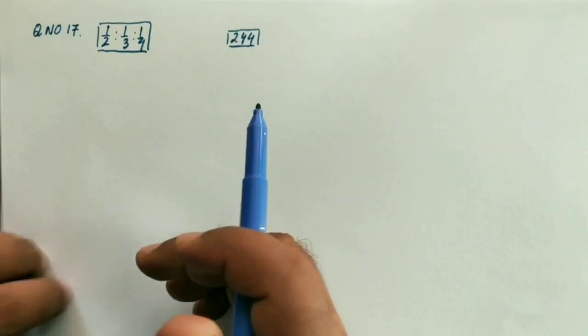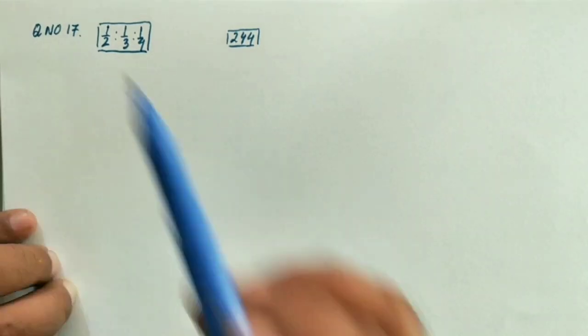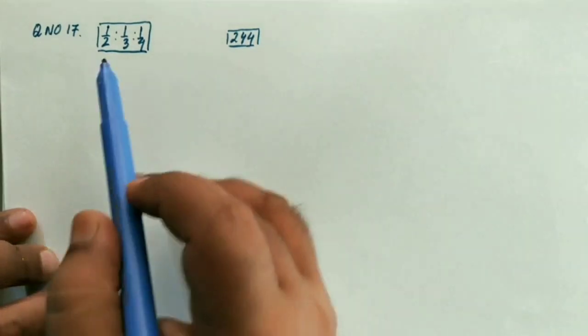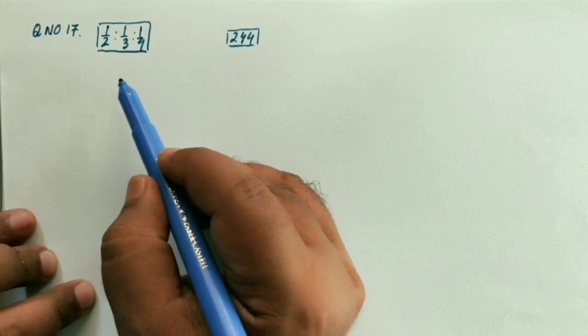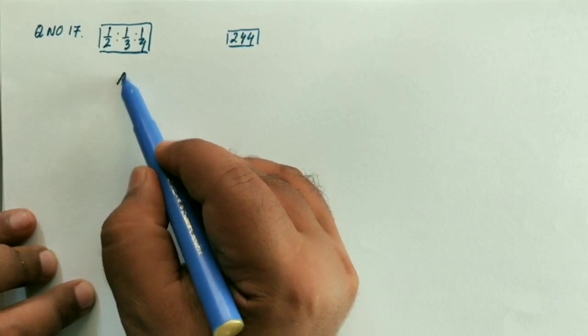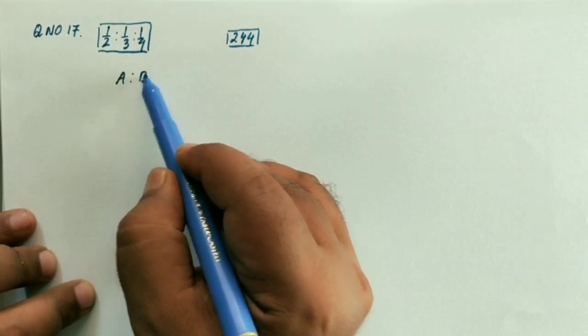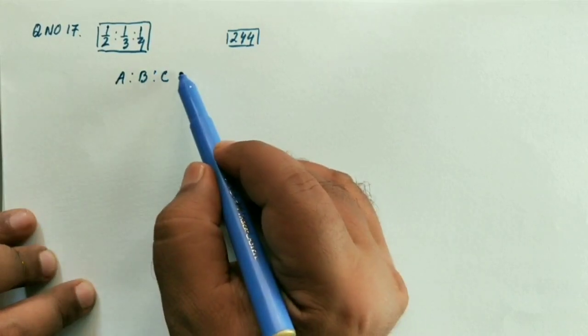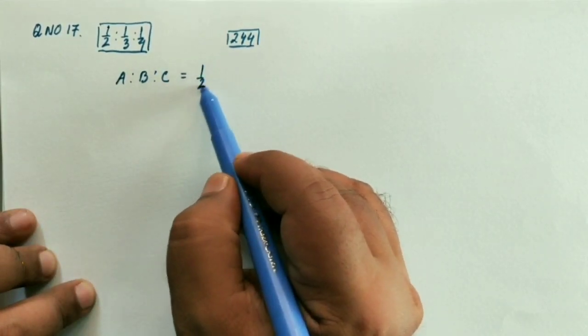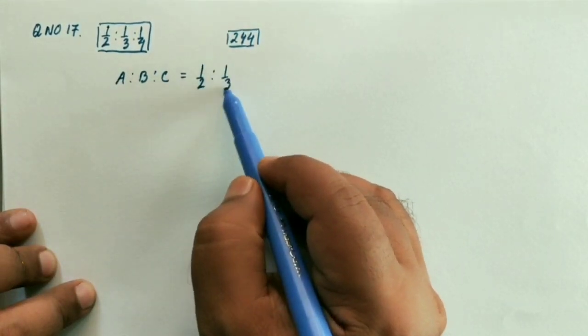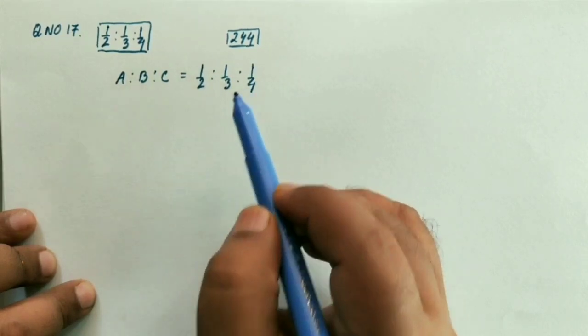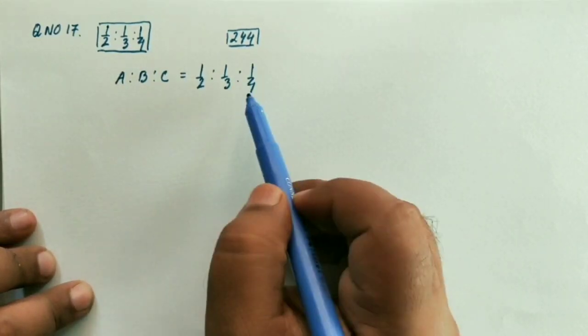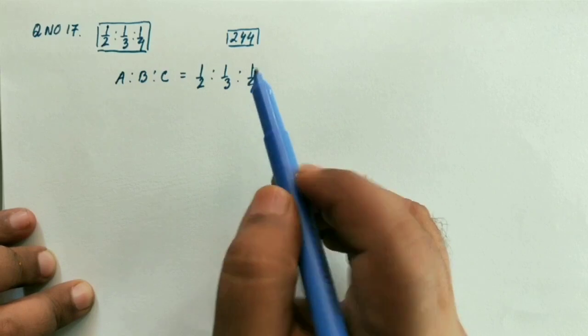So this is question number 17. Now they have given here there are three numbers. Let the three numbers be A, B and C. And they are in the ratio 1/2 is to 1/3 is to 1/4. These fractional ratios are to be converted to simplest ratio now.